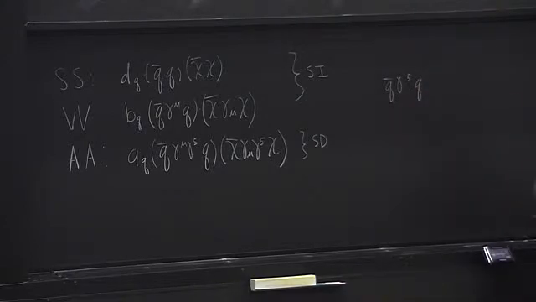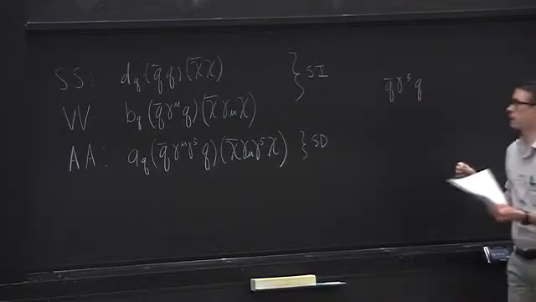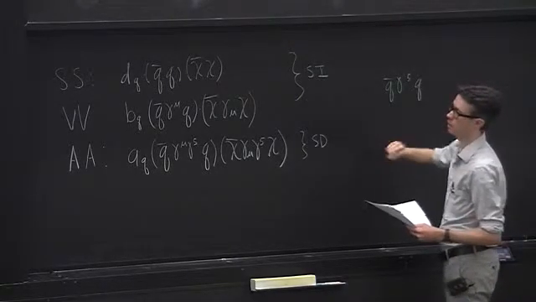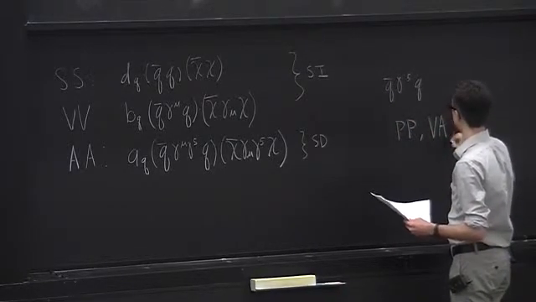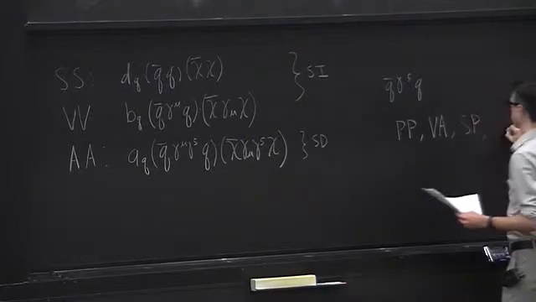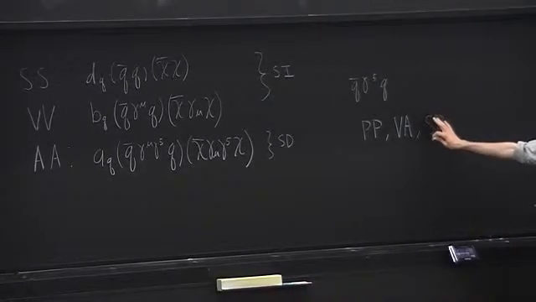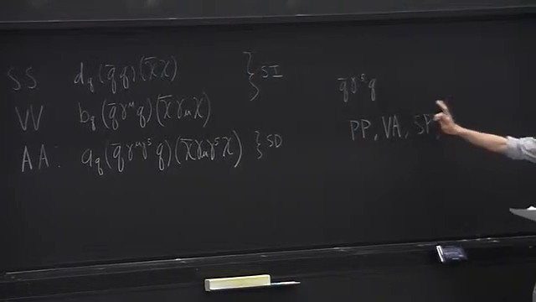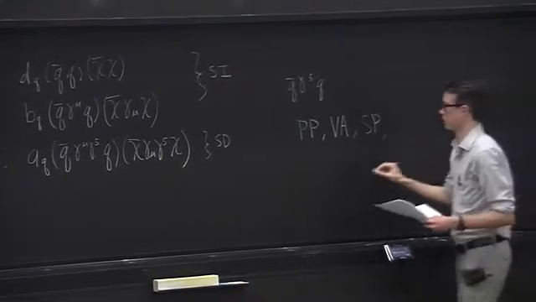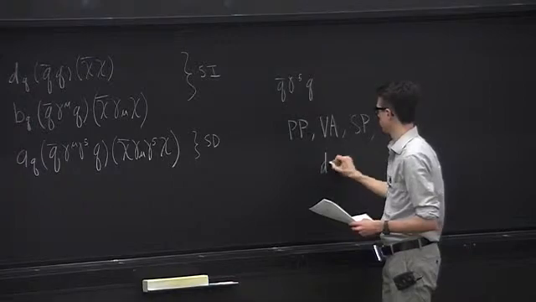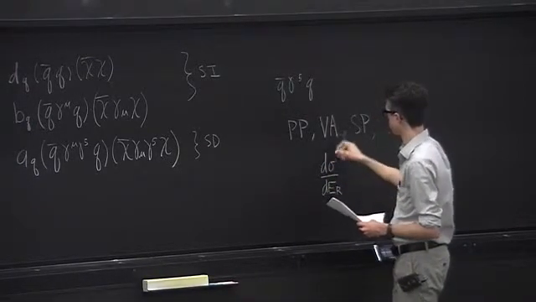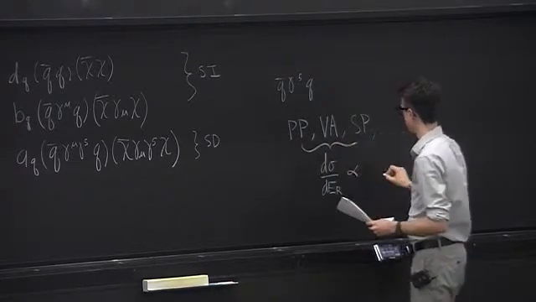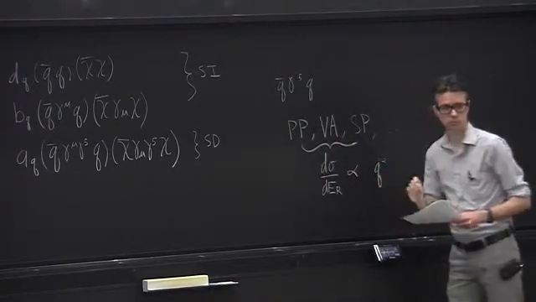And it turns out that you're free to consider those, but what ends up happening for the other combinations, things like pseudoscalar, or vector axial, or scalar pseudoscalar, is that when you compute the effective scattering cross-section, the d sigma for these ends up being proportional to powers of q squared.